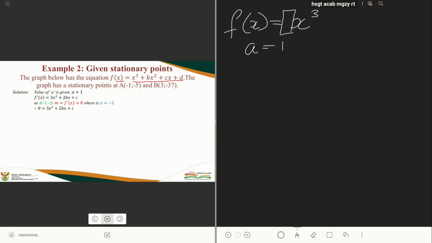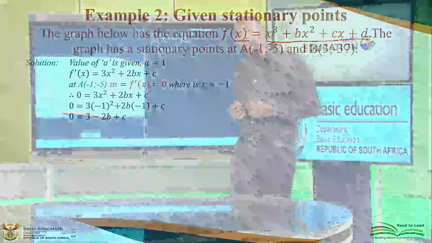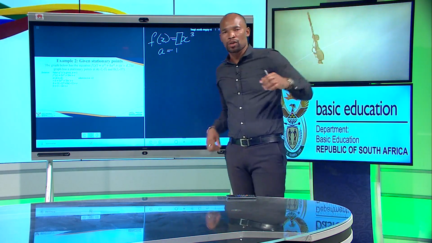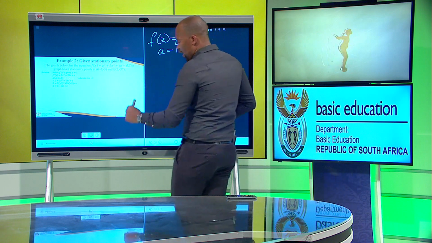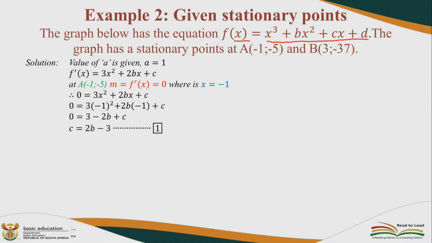At x equal to negative 1, let me substitute x equal to negative 1. I get this unknown b and also unknown c. Don't forget, you only put those x values for the stationary point or turning point, not any x value there. And then I'm now having equation 1.